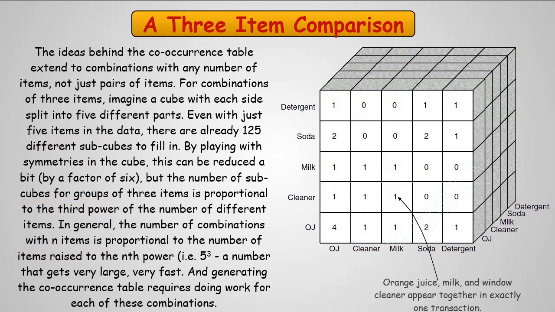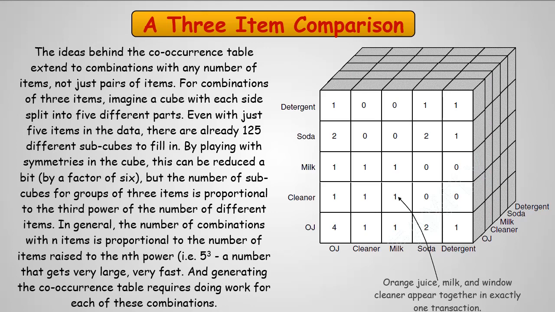Now the mathematics for this grow quite rapidly. The idea behind the co-occurrence table extends to combinations with any number of items, not just pairs of items. For combinations of 3 items, imagine a cube with each side split into 5 different parts. Even with just 5 items in the table, there are already 125 different subcubes to fill in.